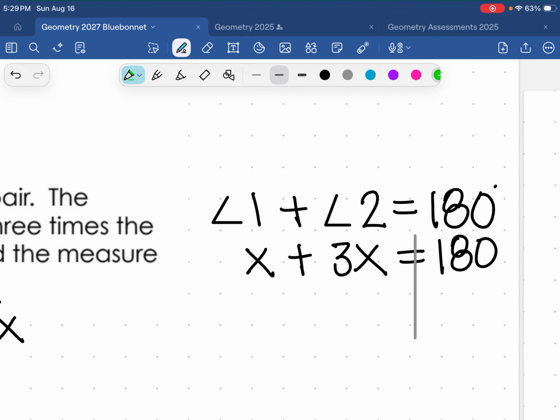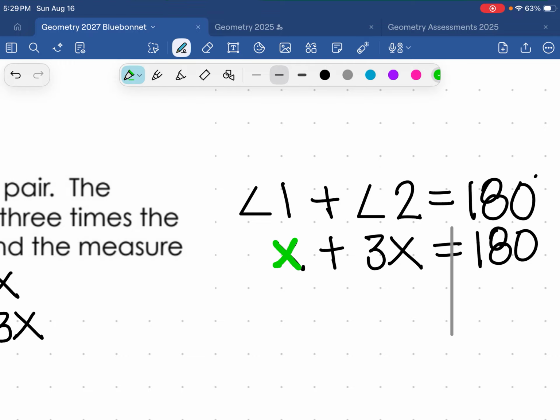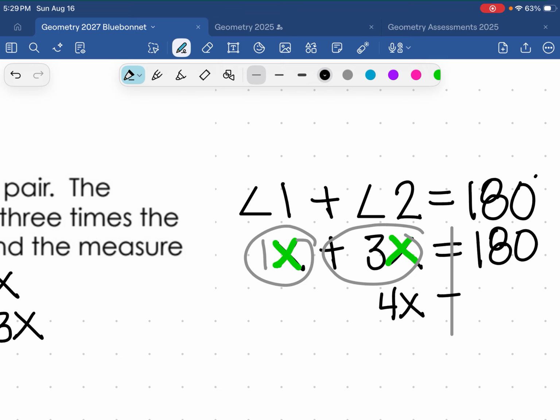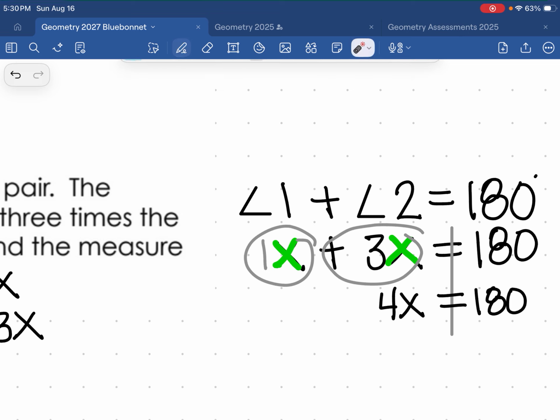There we go. Let me go ahead and zoom in here. Once again, my X's are on the same side, right? I can use my circling to help me to determine that. This X has a 1 in front of it, meaning I have 4X on this side. Notice also that I dropped the degree symbol. This is part of the postulate.